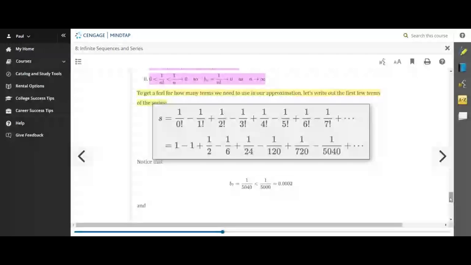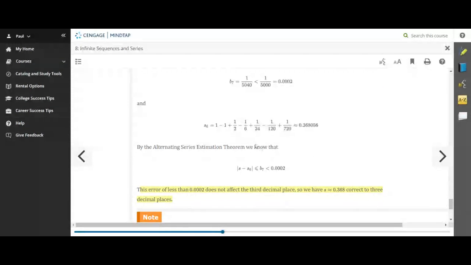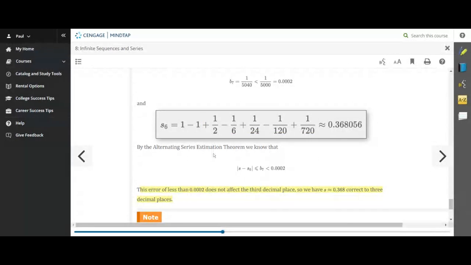And if we go back to the example, they do it a little differently, but they say here that the sum of the first 7 terms will approximate the series to the accuracy we want. And they're bringing in a 0.0002. I don't know why they do that. You don't need to. Okay, so that's how you use the alternating series estimation theorem.